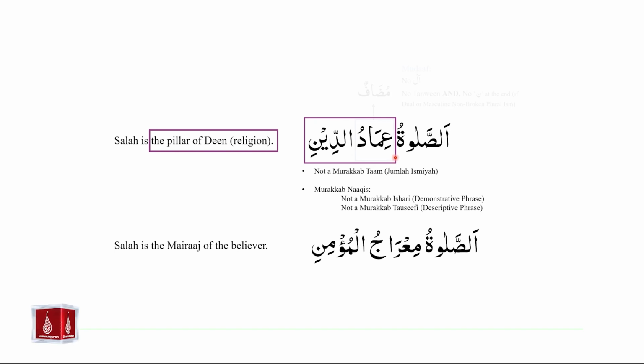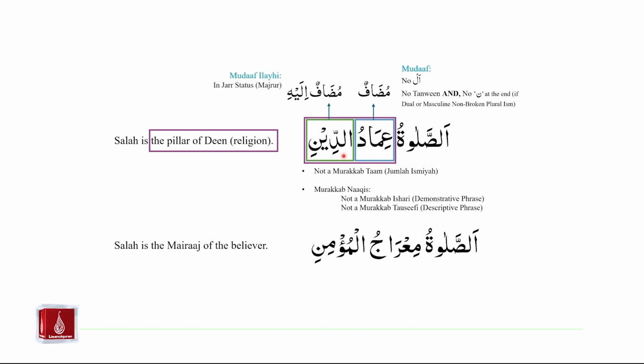Imadu does meet criteria for it to be mudaf. We do not see presence of al on imadu, and also we do not see a tanween. So far, imadu is meeting criteria for it to be mudaf. Let us look at the next component, ad-dini, and see if that meets criteria for it to be mudaf ilayh.